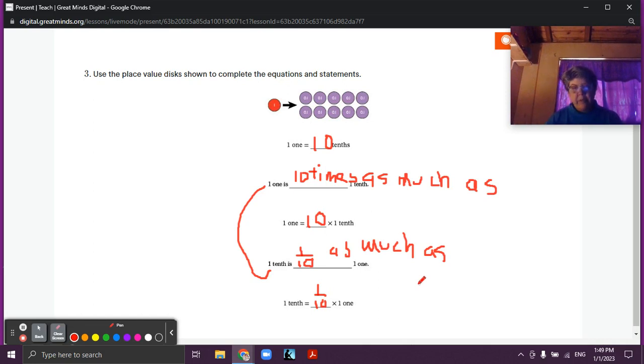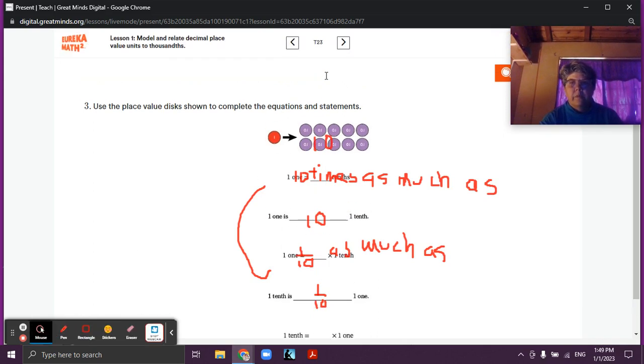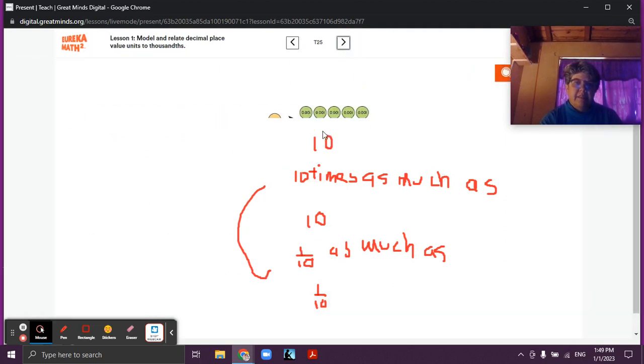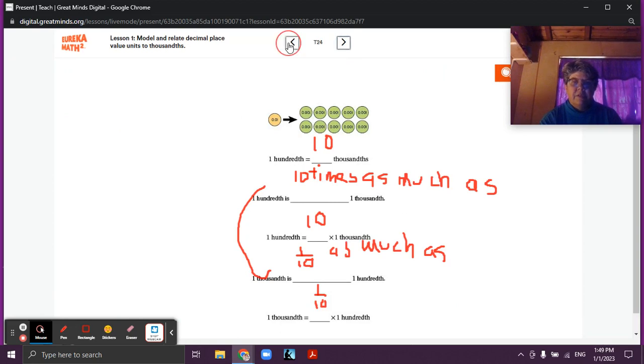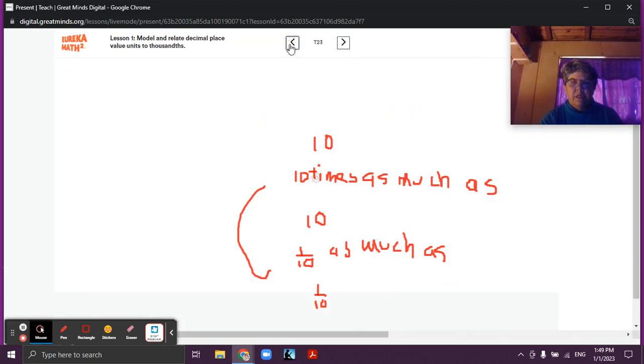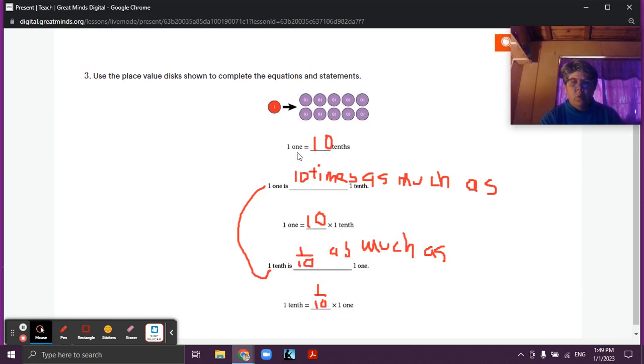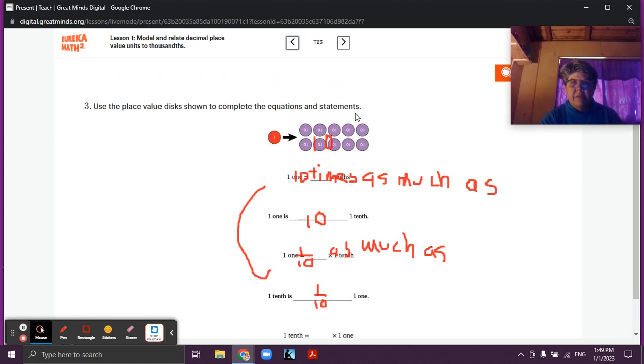And this pattern is going to continue into your next column, because you have these 3 columns to work on. Okay, and I want you to think about 1 is 10 tenths.